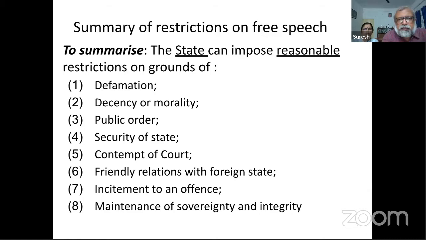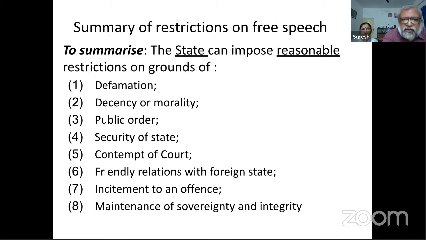Now, a very simple thing that will strike you when you look at the issue of defamation, decency or morality, public order, and incitement to an offense is the fact that it all depends upon the thinking of the person, which here in this context is the state, in whose view a particular expression may constitute a defamation or be indecent or immoral.